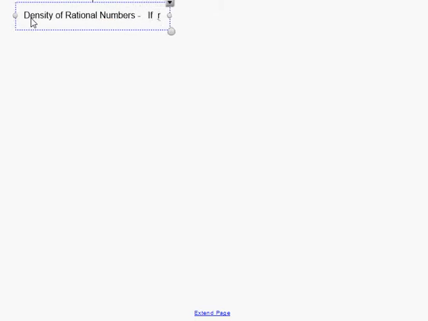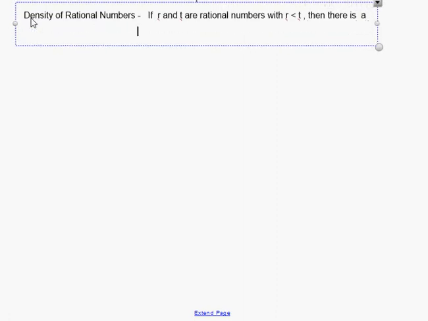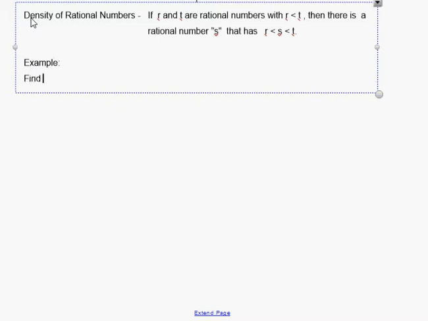If R and T are rational numbers with R less than T, then there is a rational number S that has R less than S less than T. For example, find a rational number halfway between 1/4 and 1/2.